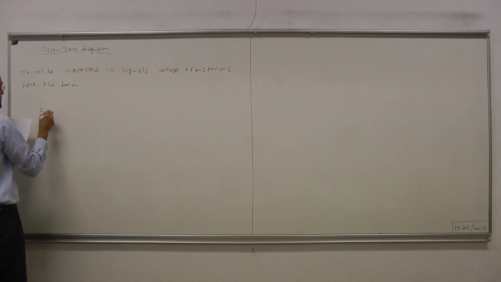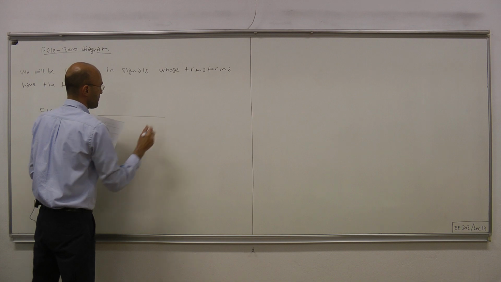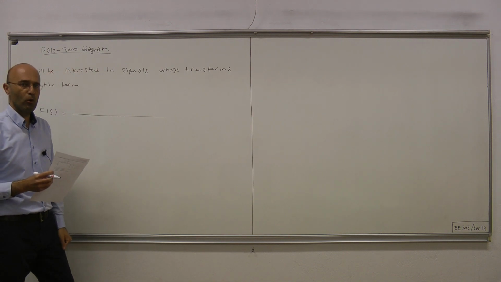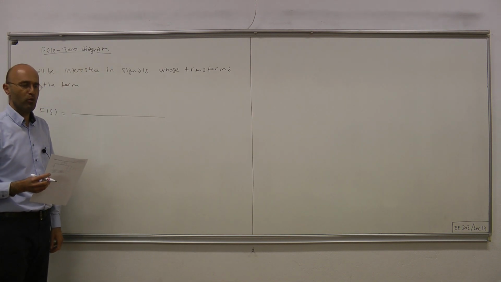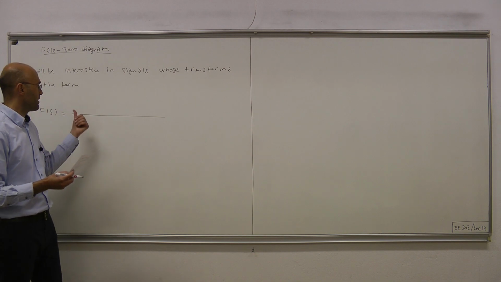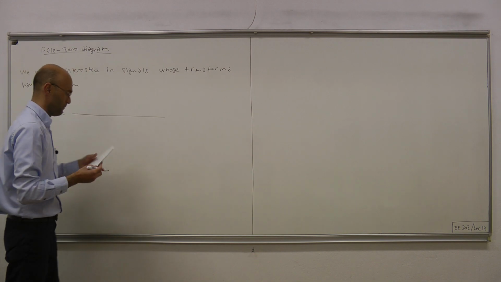F of s equals some polynomial of s divided by some other polynomial of s, where the polynomial coefficients are all real.